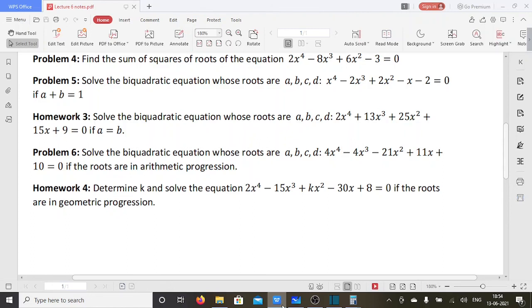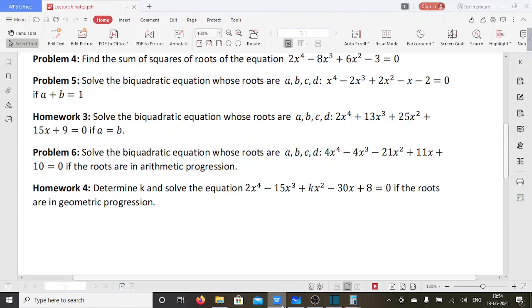So that's the method. And for homework 4, determine K and solve the equation 2x raised to 4 minus 15x cube plus kx square minus 30x plus 8 equal to 0 if the roots are in geometric progression. If they are in geometric progression, we have to take the roots as alpha by 3 beta, alpha by beta, alpha beta and alpha into 3 beta.